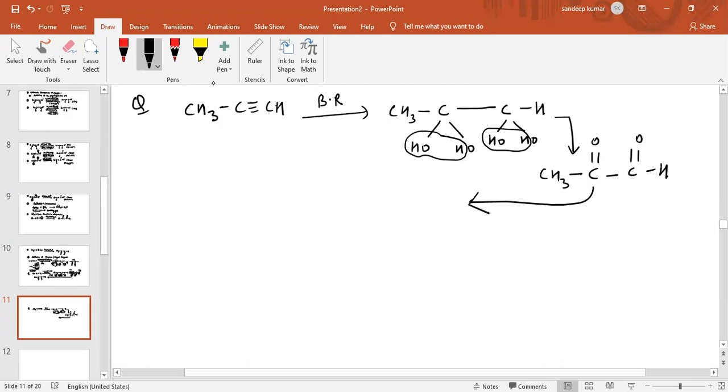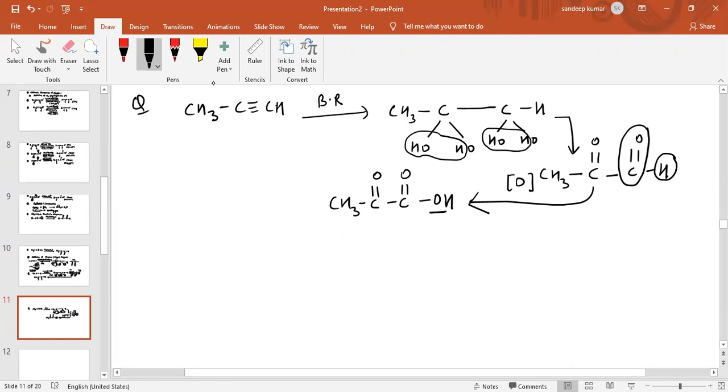Because C double bond O is directly attached with hydrogen. Now this hydrogen will be oxidized by nascent oxygen also. So this hydrogen will be oxidized in the form of an OH group. So the product obtained finally is CH3 C double bond O, C double bond O, and this hydrogen will oxidize in the form of an OH group. So this is the final product.